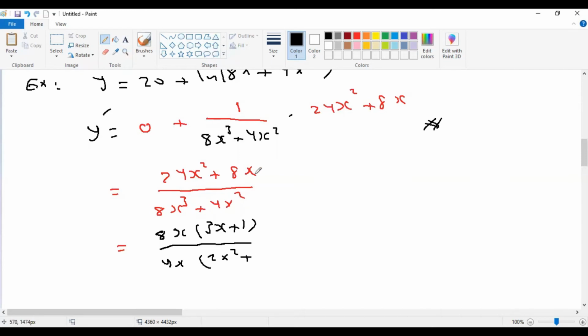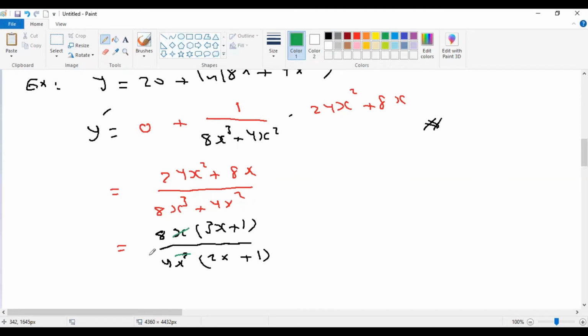I can take x squared, because x squared is a common factor. So x cubed will be x squared as a common factor, so it'll be 2x plus 1. And we can also cancel this x with this x, and this 8 with this 4, which gives 2.